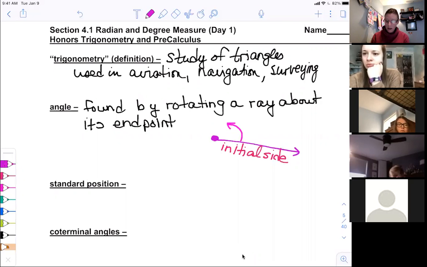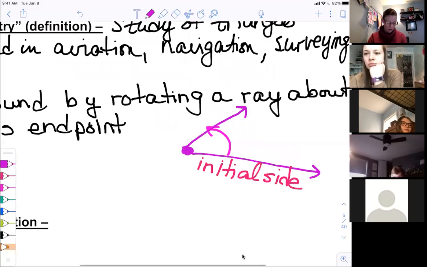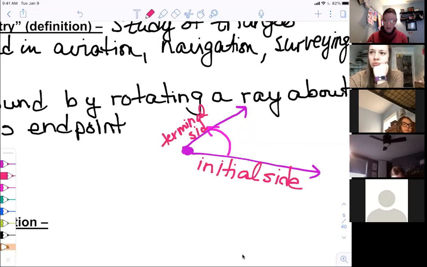And wherever it ends is called its terminal side. Terminal meaning end. So it has a beginning side and an ending side. Literally you're taking that beginning side and rotating it to wherever it's ending, its terminal side.